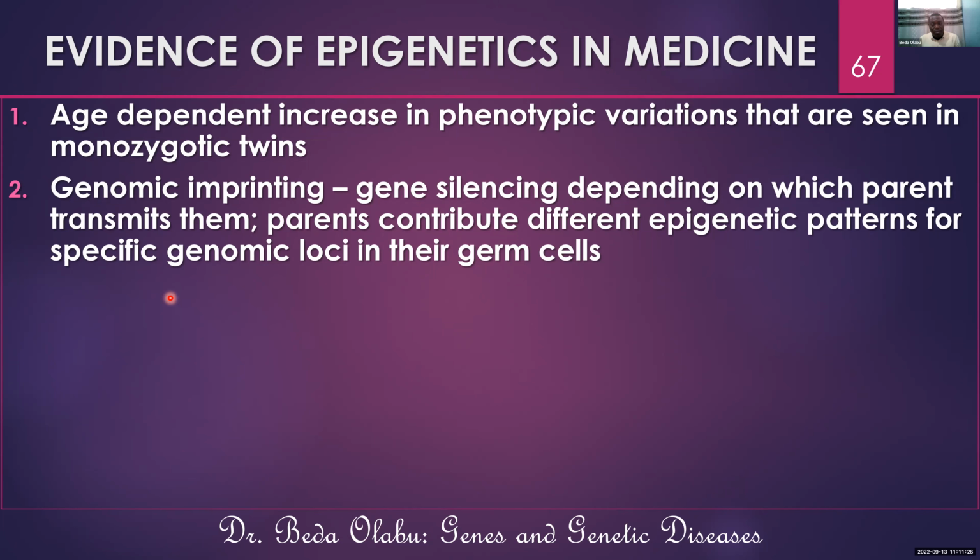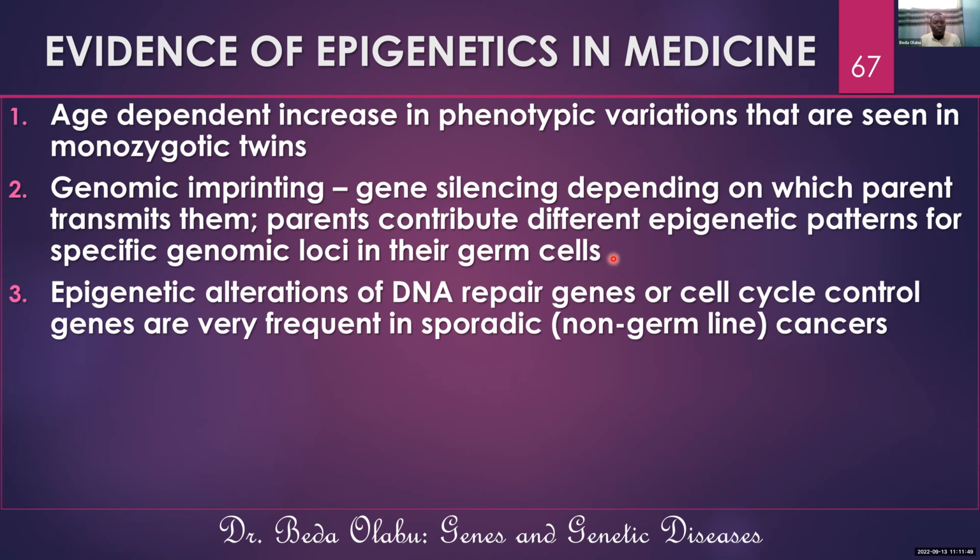So it occurs. And this explains why some particular gender will express some particular things consistently within the family line, and you'll not see it in the other gender. It doesn't mean that they are only located in the X and Y chromosomes, not necessarily. They can even be located in the autosomes, but some genes are silenced.